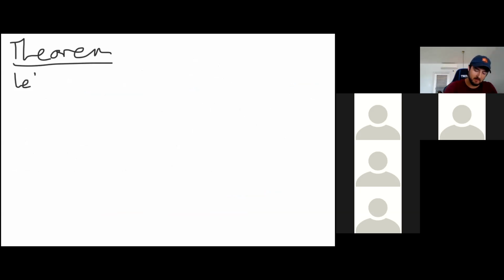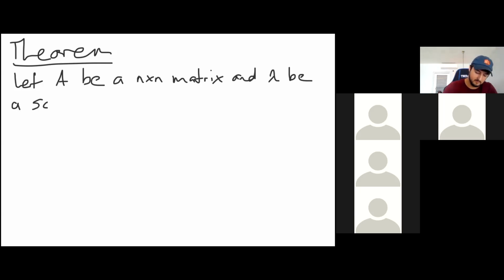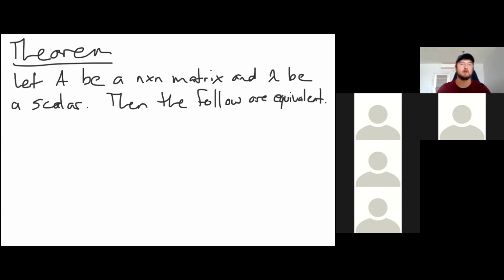So let A be a square matrix, so an n by n matrix, and let lambda be a scalar. Then the following are equivalent. First up, lambda is an eigenvalue of A.